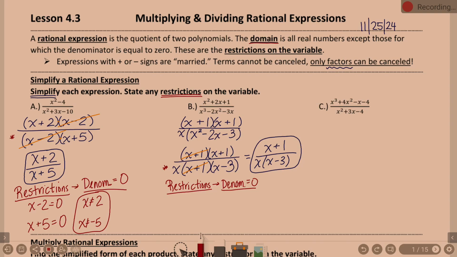Does it matter? X does matter this time because x is a variable. If it was just a GCF of a number, you could forget it. But because it's a letter, it matters. So I'm going to set x equal to 0, x plus 1 equal to 0, and x minus 3 equal to 0.